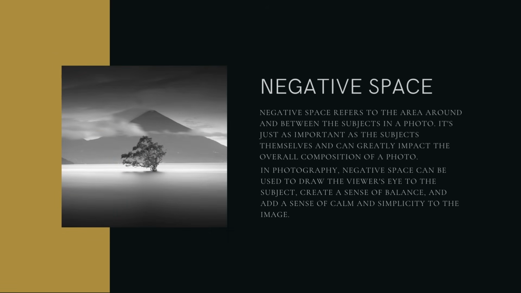Negative space. Negative space refers to the area around and between the subjects in a photo. It's just as important as the subjects themselves and can greatly impact the overall composition of a photo. In photography, negative space can be used to draw the viewer's eye to the subject, create a sense of balance, and add a sense of calm and simplicity to the image.